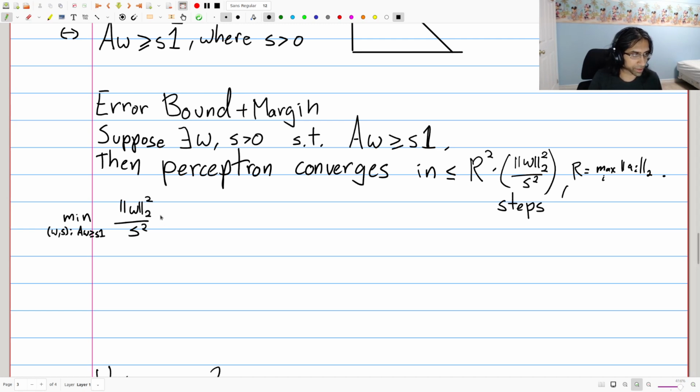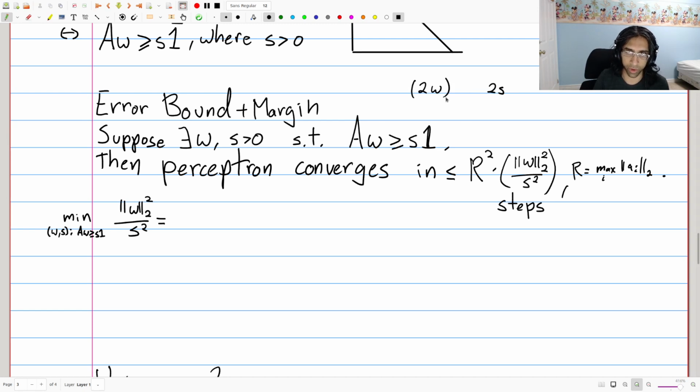The first thing we can do is deal with a constant. We can always rescale our data. So let's look at a fixed scaling of our data, in the sense that the norm of this vector W will be equal to 1. This is related to what I said before, where we could always have 2W and 2S.